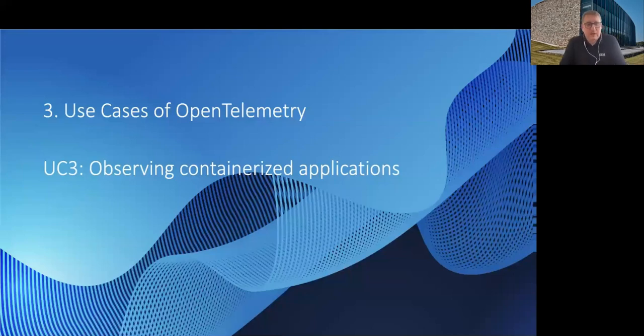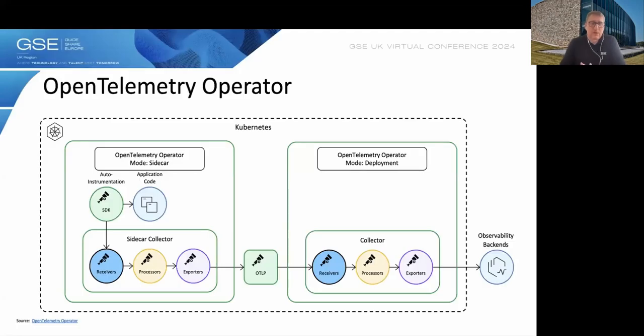Now let's look at the third use case, which is observing containerized applications. And this is really about building on the OpenTelemetry collector, enabling cloud-native environments with Kubernetes or Red Hat OpenShift to support OpenTelemetry instrumentation. And there are different ways the operator can be deployed here. There are two scenarios given on the slide.